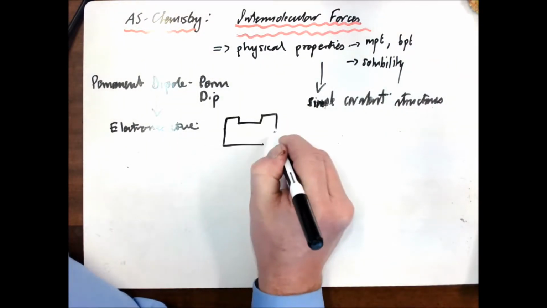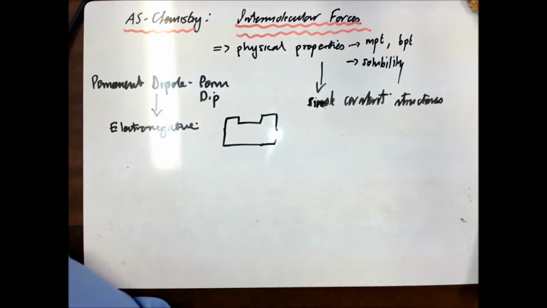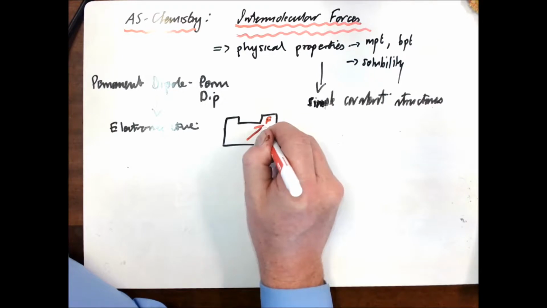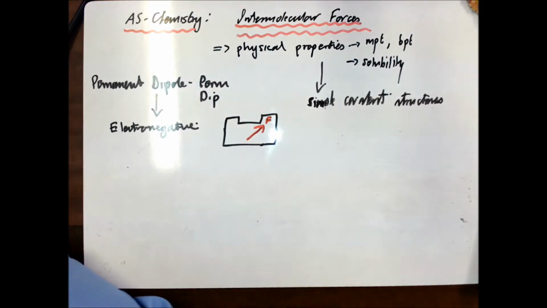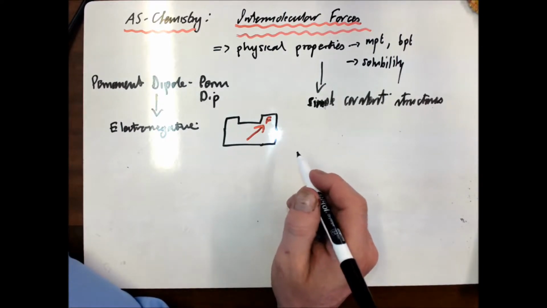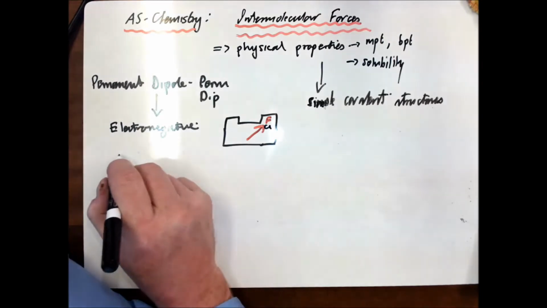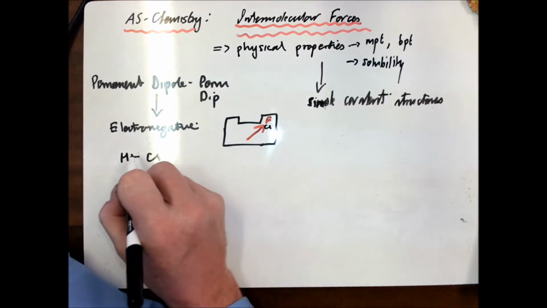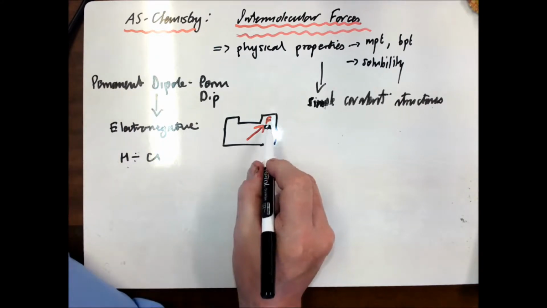If we remember, the most electronegative element in the periodic table is fluorine, and it increases from the bottom left up to the top right at fluorine. So let's take something close to fluorine, just below it, and take hydrogen chloride. Electronegativity is the attraction of a bonded pair of electrons to an atom, and chlorine is very electronegative.